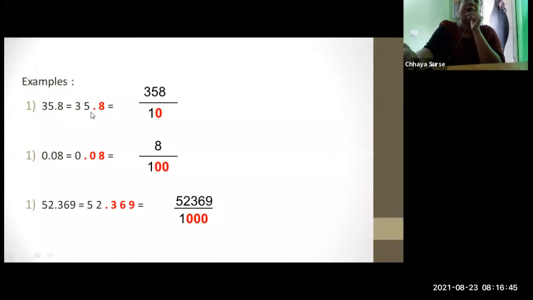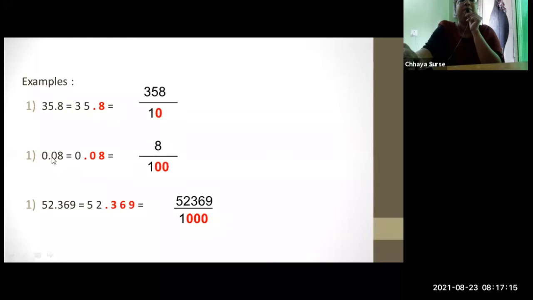How many decimal places? That is shown in the red color. 1. That's why we added one 0 to the 1, so the power of 10 is 10. You have to add the 0s according to the decimal places. So 1 digit here, that's why we added one 0 with the 1.